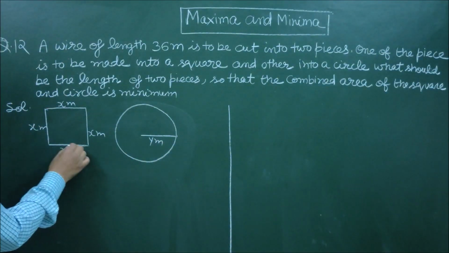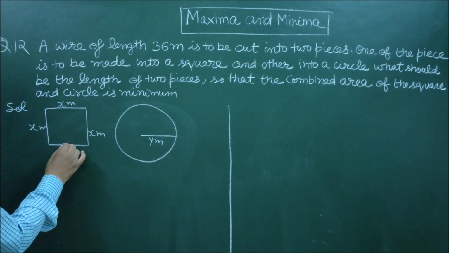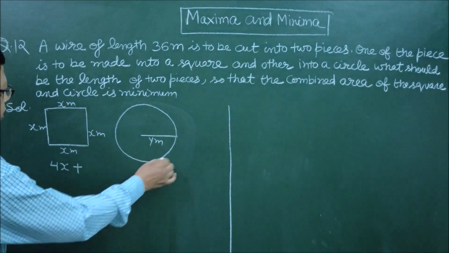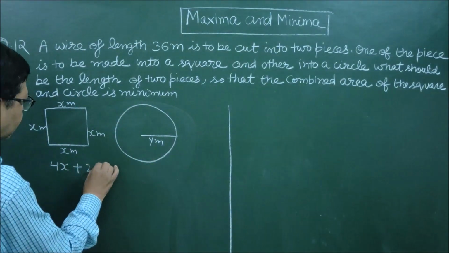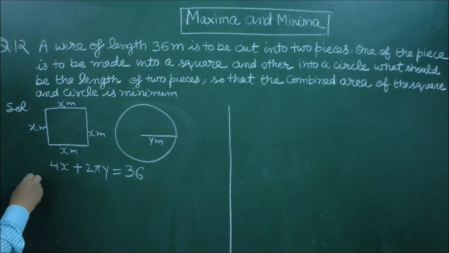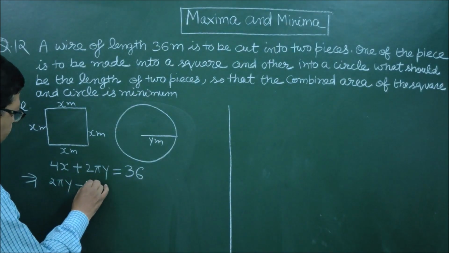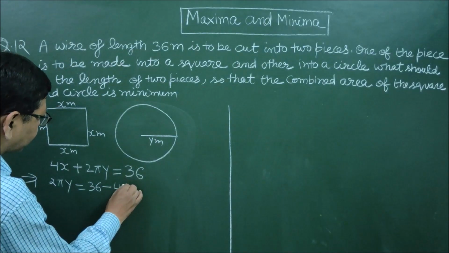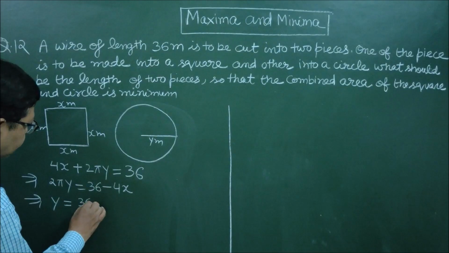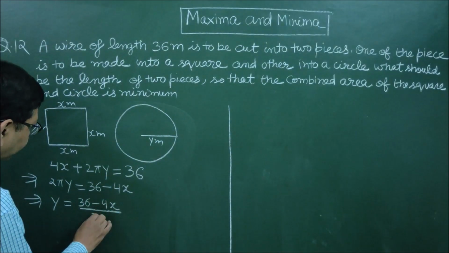Now the wire used in making the square is equal to 4x meter plus the circumference of the circle, 2 pi y, and these together equal 36. 2 pi y is equal to 36 minus 4x, or the value of y is equal to 36 minus 4x upon 2 pi.